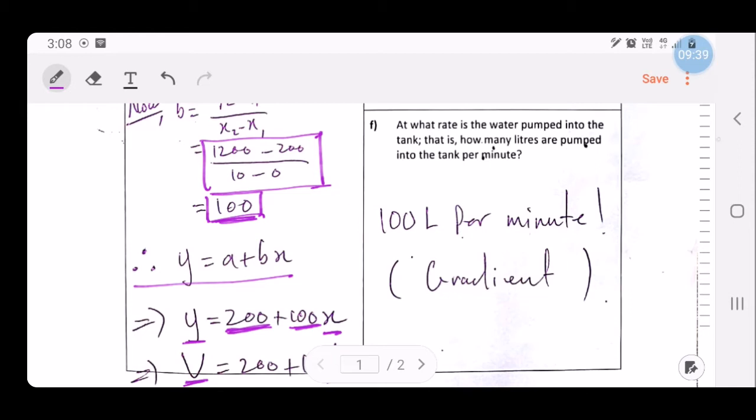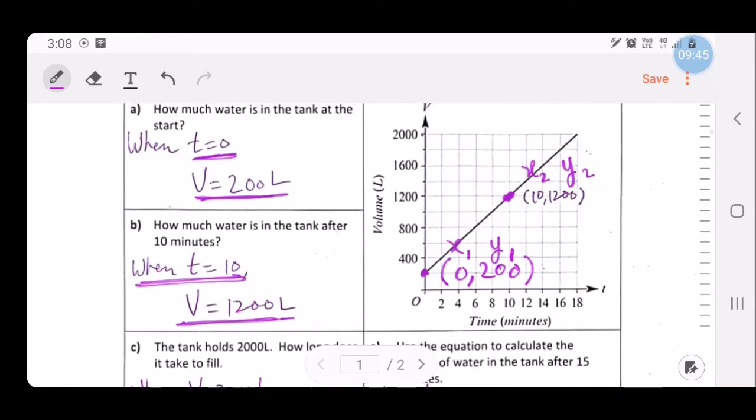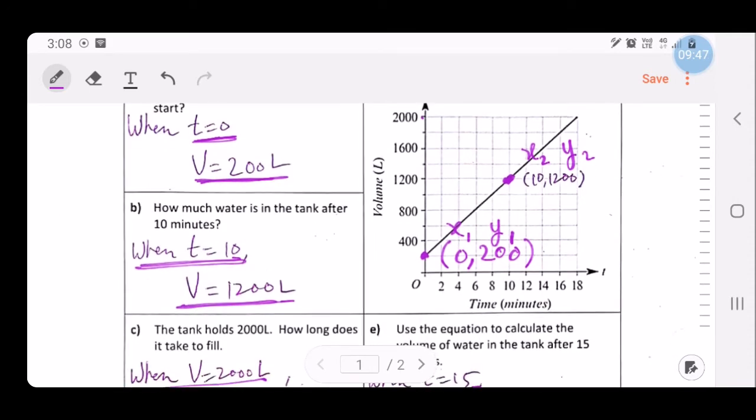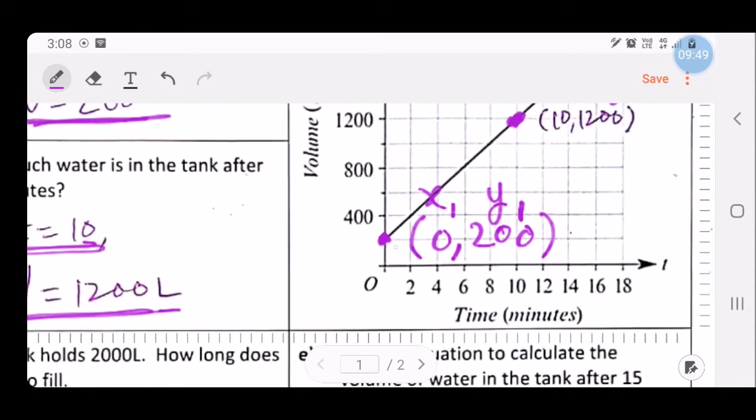But let's take a look at the graph just to convince ourselves that that is actually the case. So how many litres are pumped into the tank per minute? Let's look at the graph. Might zoom in. Now, when 1 minute goes past, what does the volume increase by? Well, it goes up by 100 litres, okay?